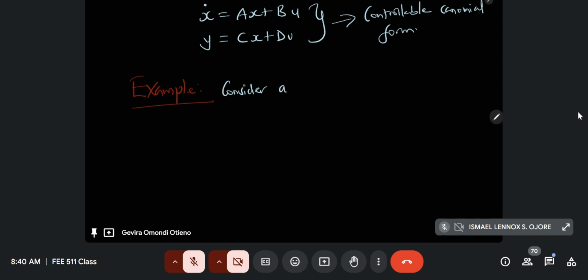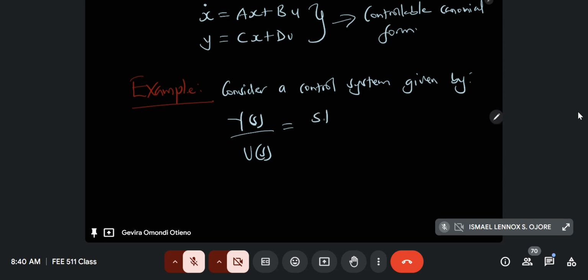Consider a control system given by y of s over u of s. Remember, you're given this in transfer function format: s plus 6 over s squared plus 5s plus 6.